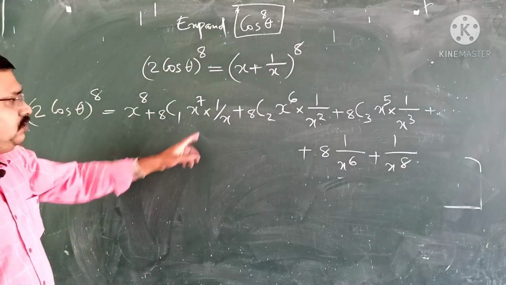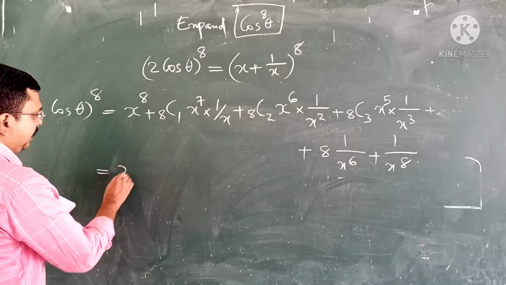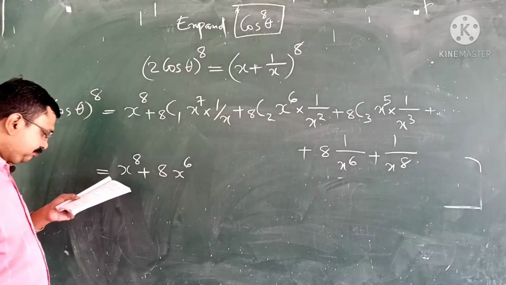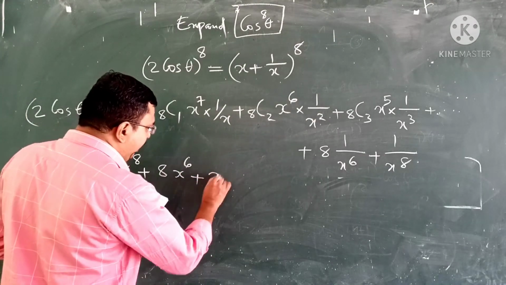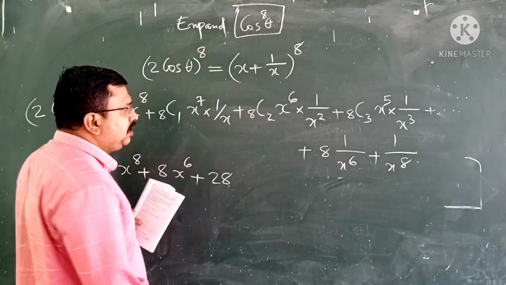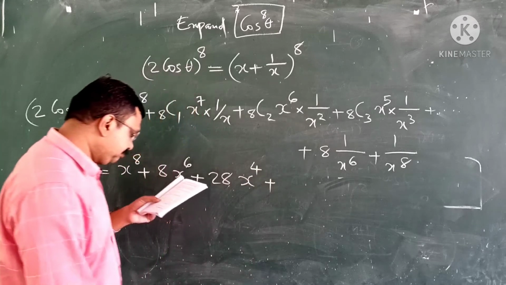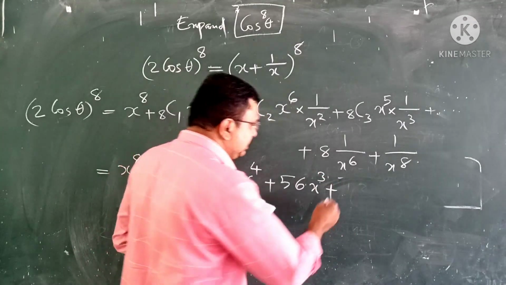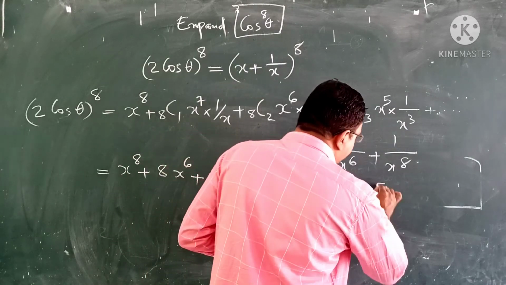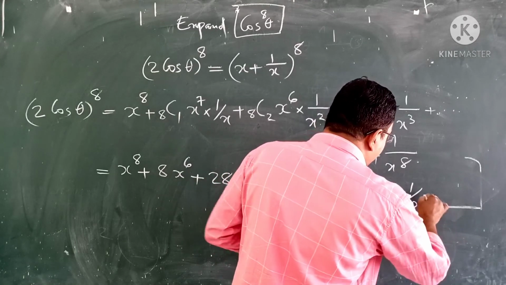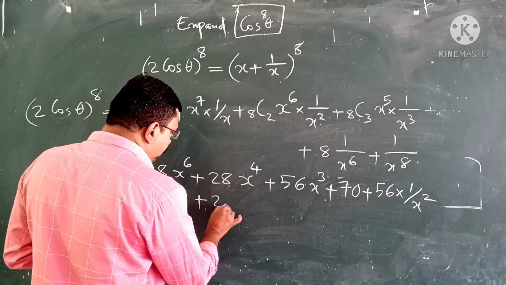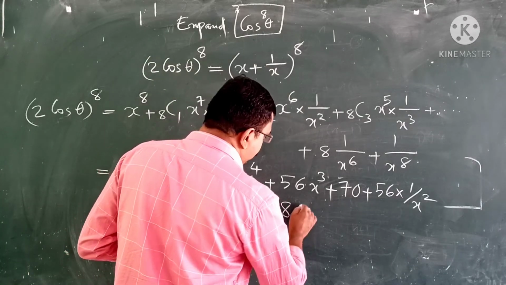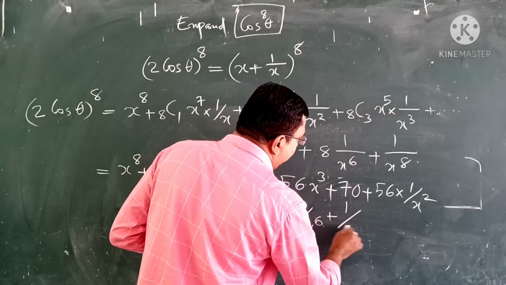We want to find these values. Then we get x raised to 8 plus 8 x raised to 6, plus 28 x raised to 4, plus 56 x square, plus 70, plus 56 into 1 by x square, plus 28 into 1 by x raised to 4, plus 8 into 1 by x raised to 6, plus the last term, 1 by x raised to 8.